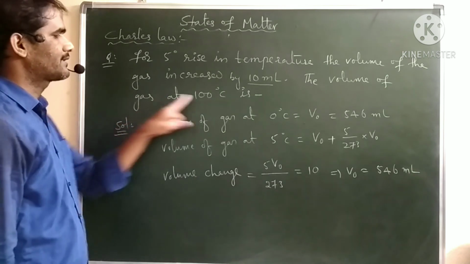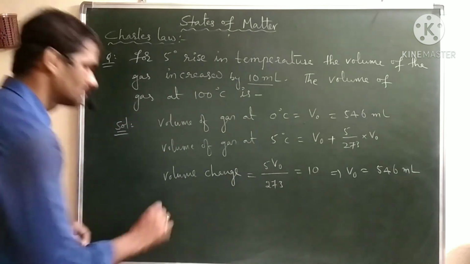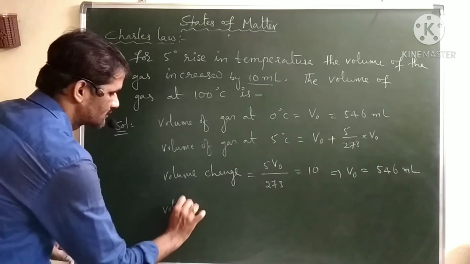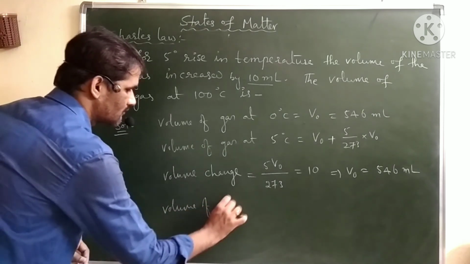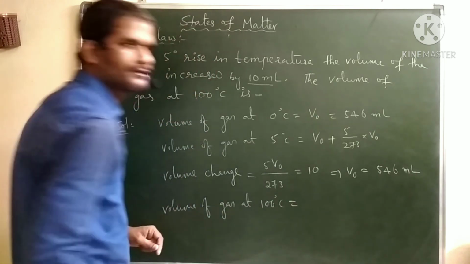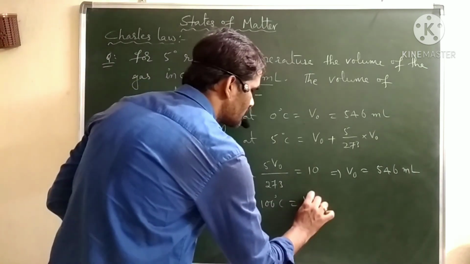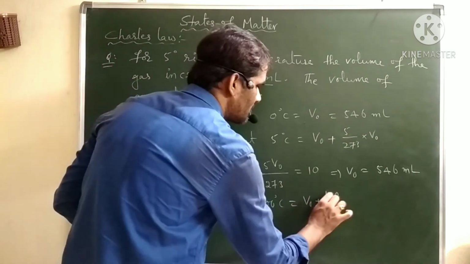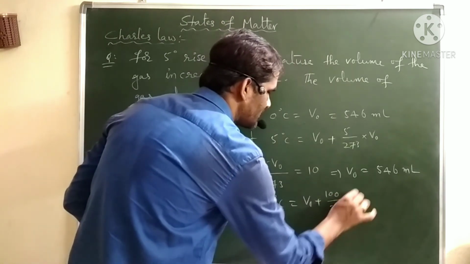What we have to calculate? Volume of gas at 100 degrees centigrade. Now volume of gas at 100 degrees Celsius. So what is the formula? V0 plus 100 by 273 into V0.